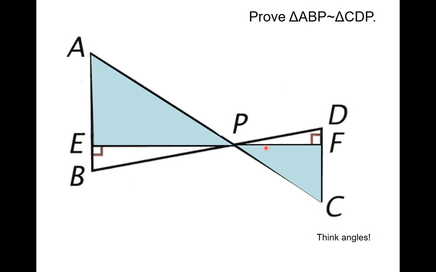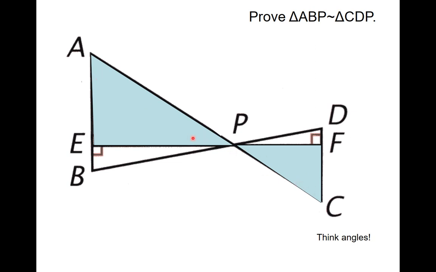Can you prove that these two triangles are similar? Hopefully right away you saw that you can use pretty much the same process as we did for the entire triangle. We could use these vertical angles here, and then again, since these sides are parallel, we've got the alternate interior angles at A and C.